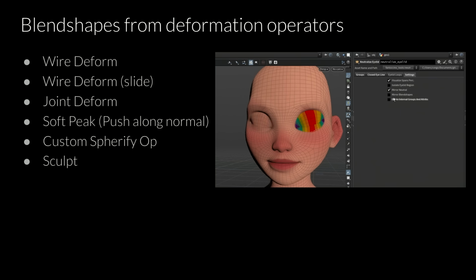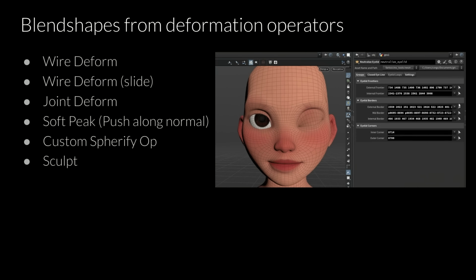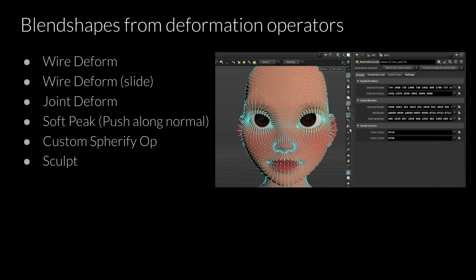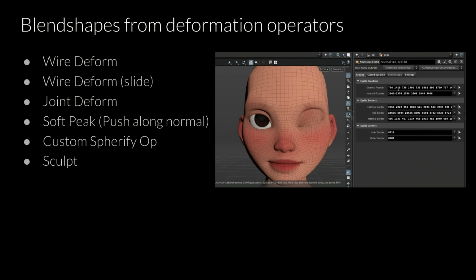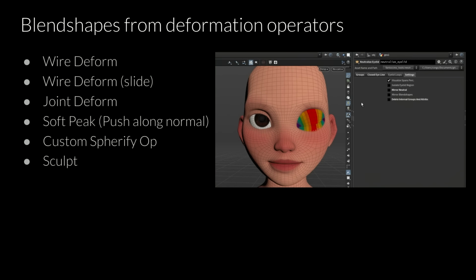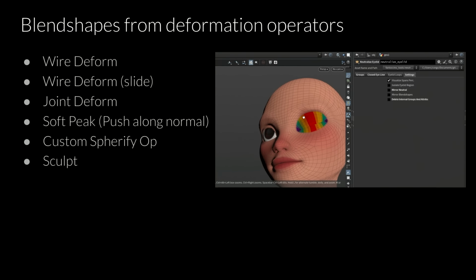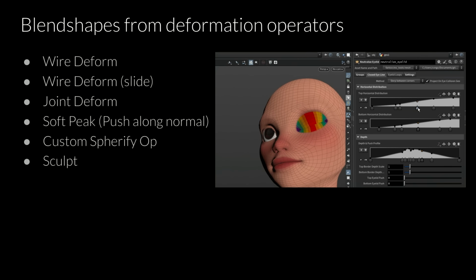This is a task that can be a bit involving to have it perfectly done. So having an operator to help assist in that task really is helpful. It also provides in-between blend shapes, so we can have an interpolation that is not linear and that will slide on the sphere of the eyeball.